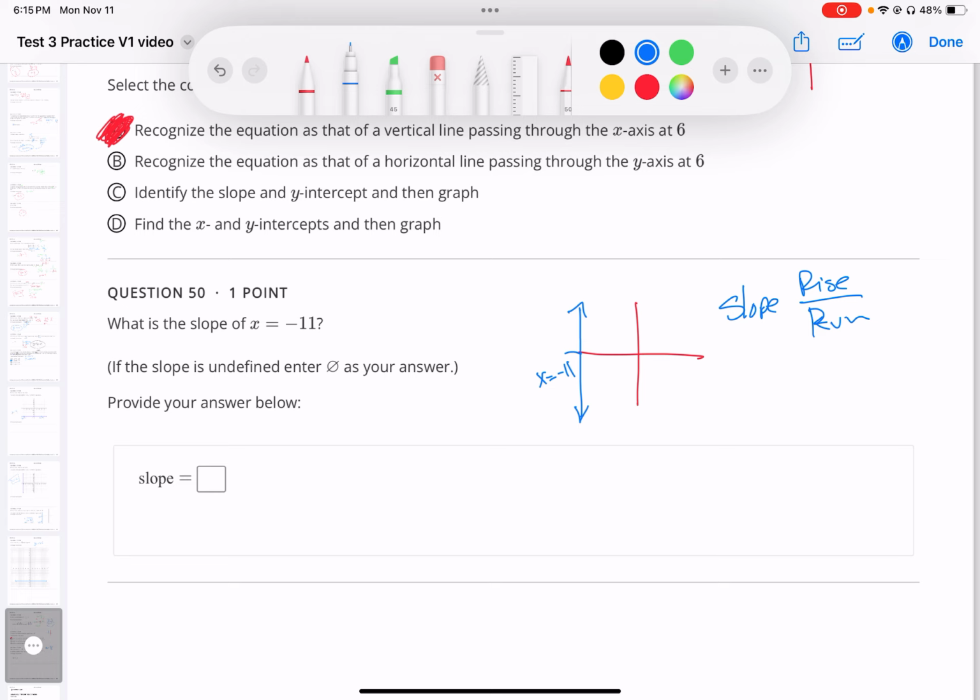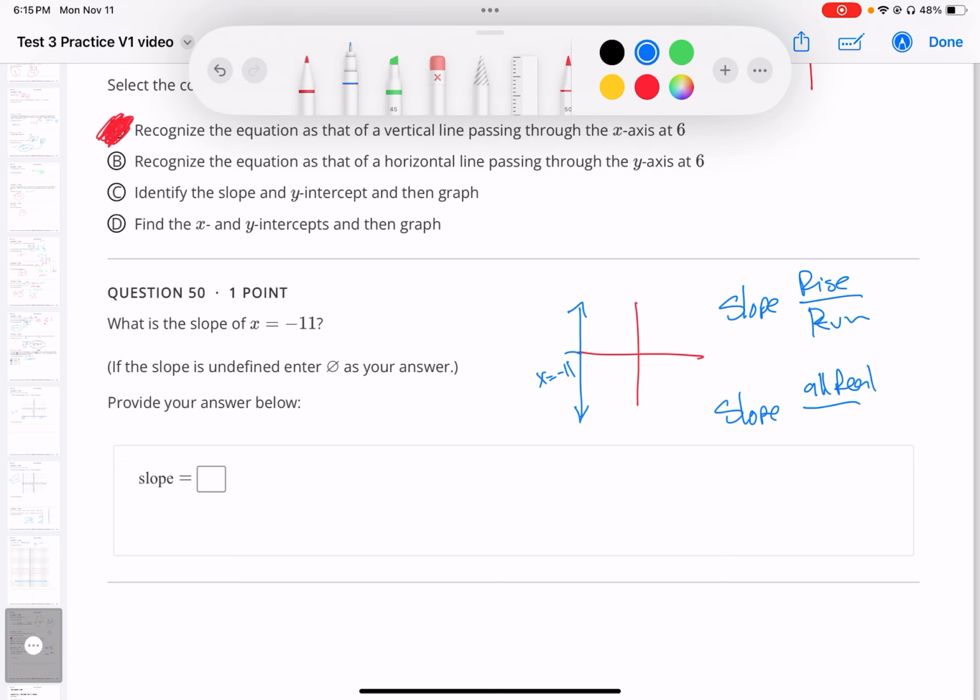How much does it go up and down versus how much does it go left to right? Well, this goes up forever, right? So our slope, as far as rising, is kind of infinite. It could be any number you want. Or we could say all real numbers, right? All reals.